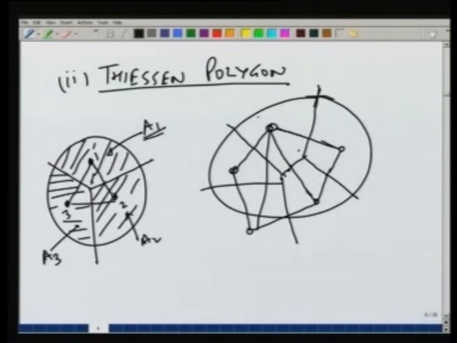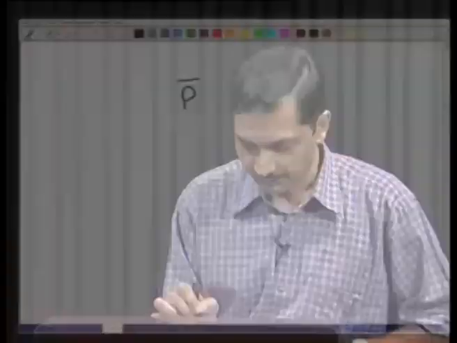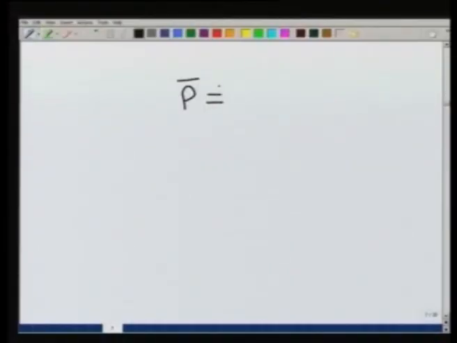Similarly, if we have more than 3 gauges, then the area surrounding a gauge would be the effective area for that gauge. The equation which we use is P bar. Again, it is a summation of all the precipitations with some weights.